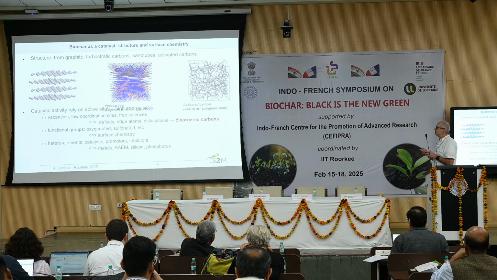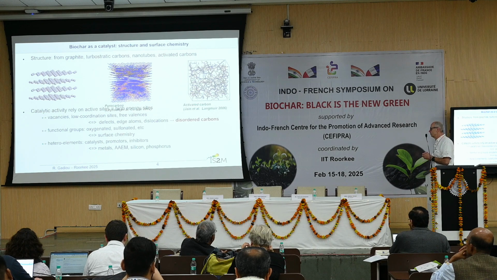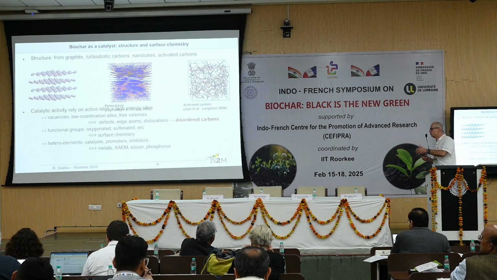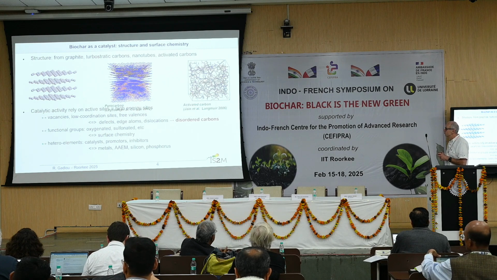On these defects, you will also potentially have some heteroatoms, which will lead to functional groups. The most often observed is of course oxygen, but we can also, for example, add some sulfonated groups to change the surface chemistry.